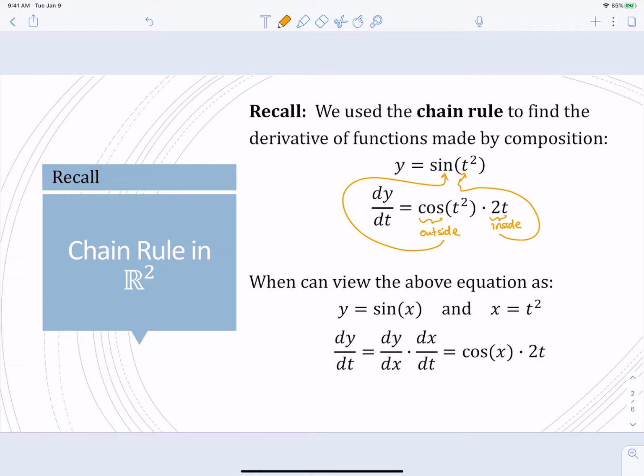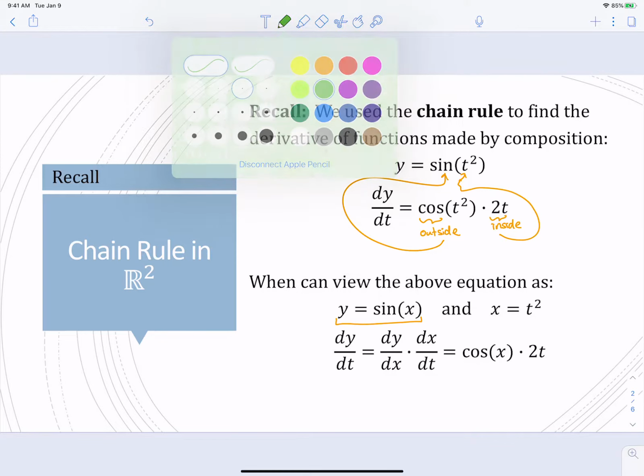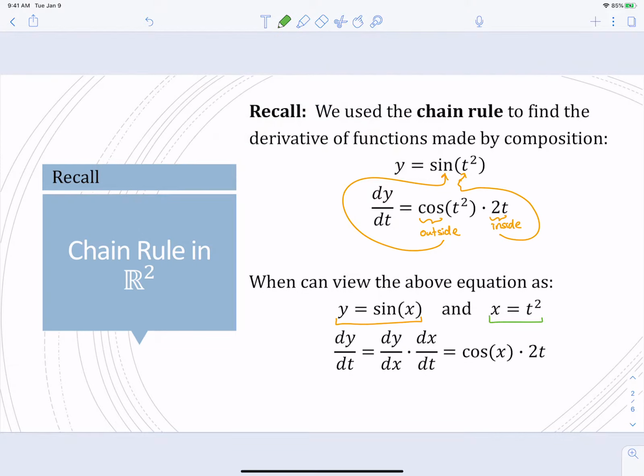So we're going to take this apart as two separate functions. We're going to have our first function be y equals sine of x, just that plain old sine function. And then our second function being x equals t squared. So we can easily put these together because x is equal to t squared, and we would get sine of t squared, which is what we had up above.